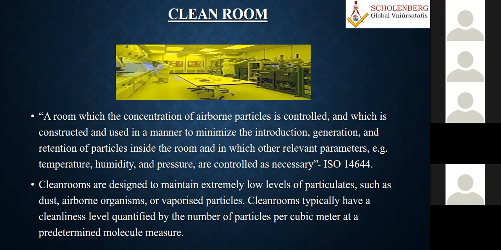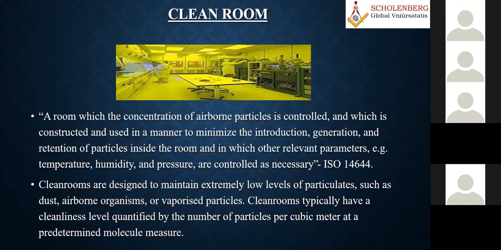So typically, clean rooms have a cleanliness level quantified by the number of particles per cubic meter. So if I take one cubic meter volume of air, how much particle is allowed? That is how we normally define. If I say class 1, class 10, class 100, class 1000, class 10,000, then above it keeps on going.